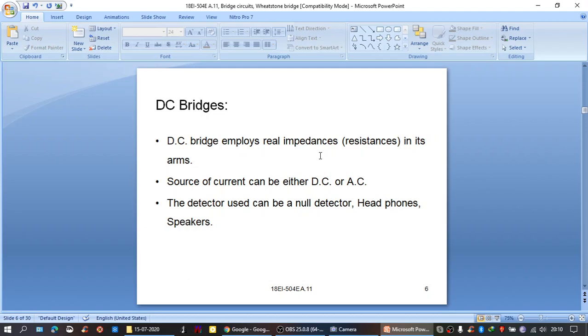So the combination of resistance and reactance is called impedance. And in DC bridges, only resistances are used.